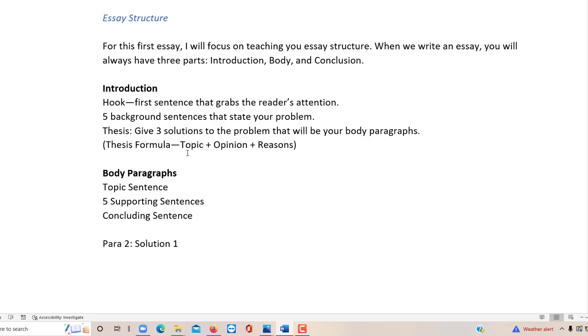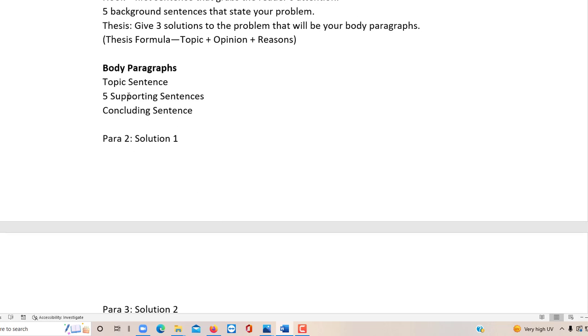Here the topic could be abortion. The opinion is immoral. And the reasons, because life begins at conception, life is a gift from God, and the fetus can feel pain, for instance. These 3 reasons then become the topic sentences of your body paragraphs.